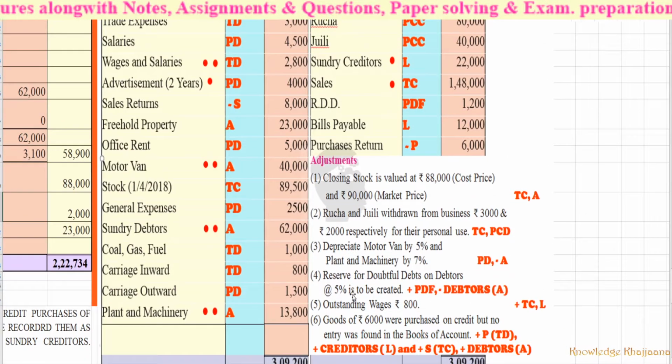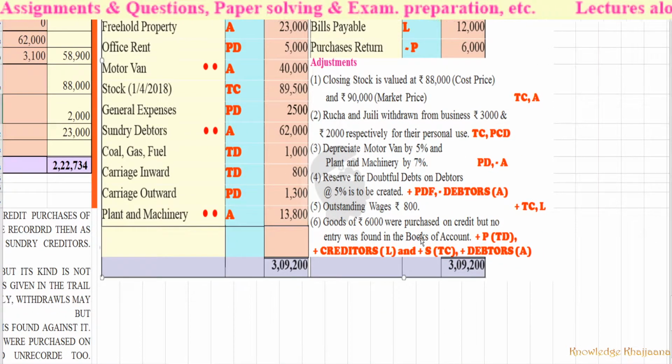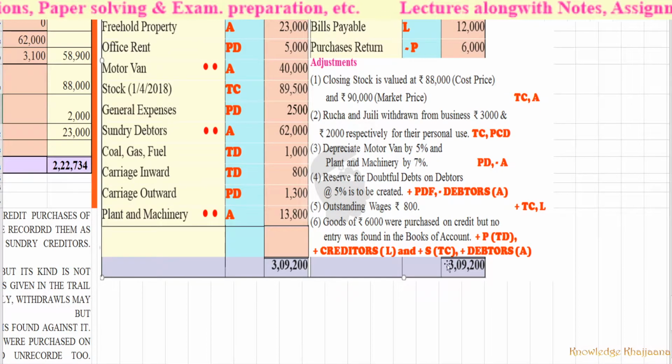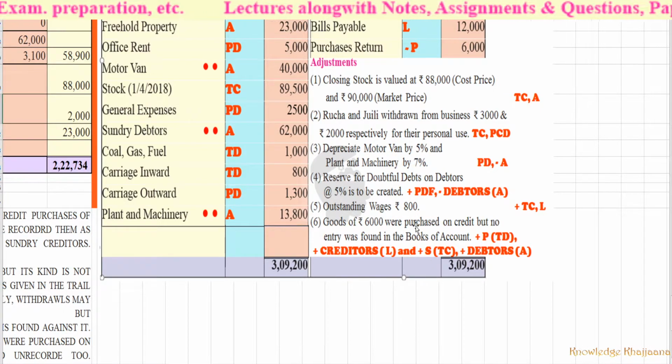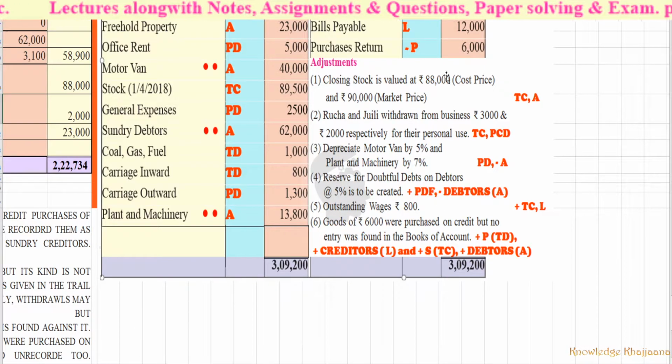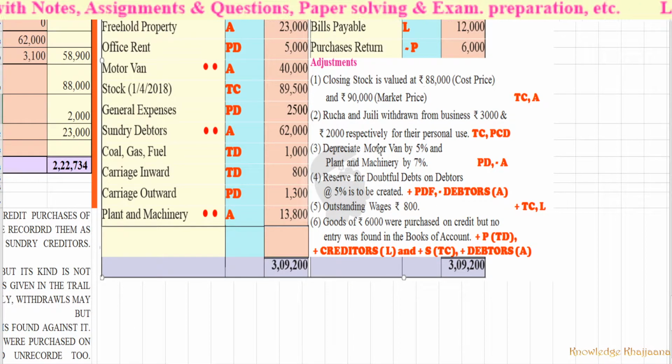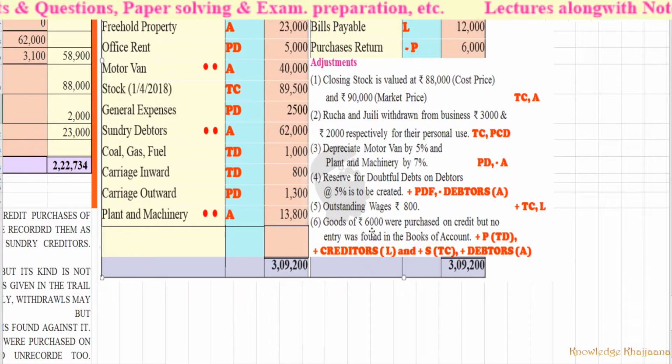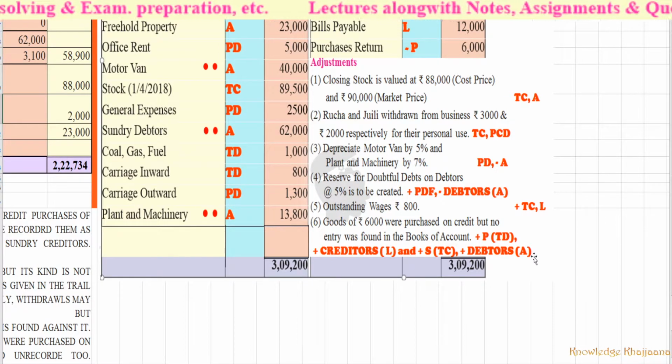Okay, the next important adjustment, a hidden adjustment, that is a hidden recording. As the value of the closing stock was valued, it means those 6,000 were not recorded in the closing stock.